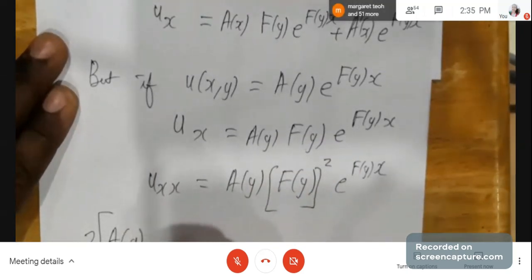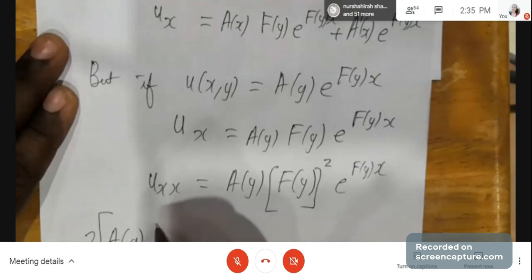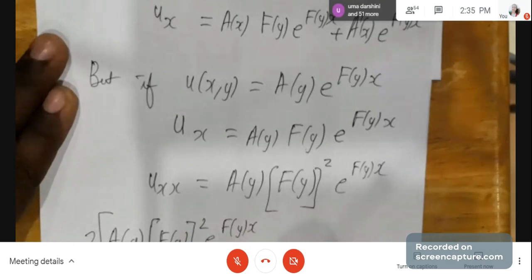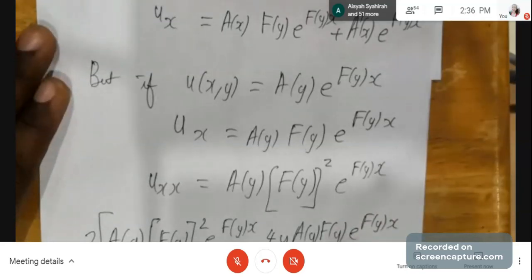So you get 2 u_xx, A(y) f(y) squared e to the power of f(y)x, minus 4y f(y) e to the power of f(y)x.